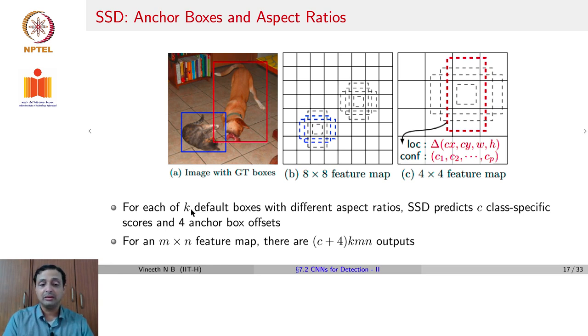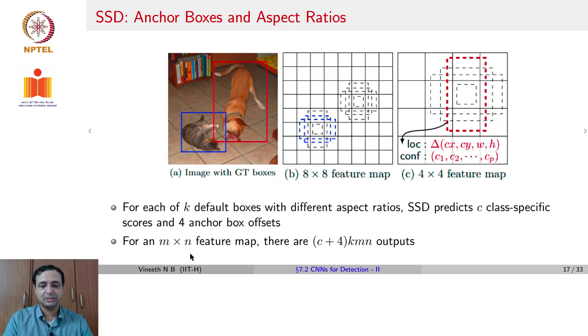So if you had k anchor boxes with different aspect ratios, as you can see here, SSD would predict C class specific scores plus 4 anchor box offsets. That's what we saw on the earlier slide, as C plus 4 is the number of channels that you had for each of your convolutional layers when you connected them to the output layer.